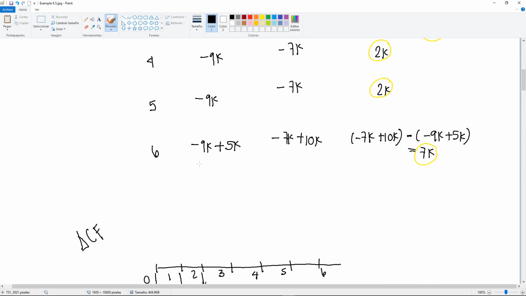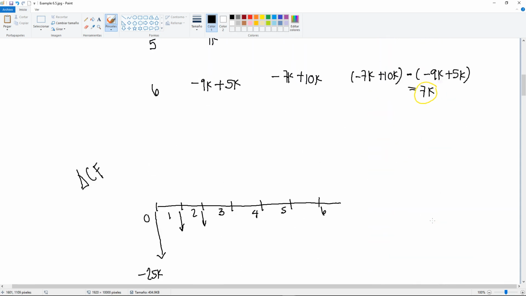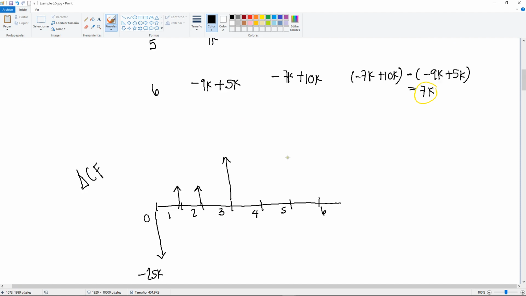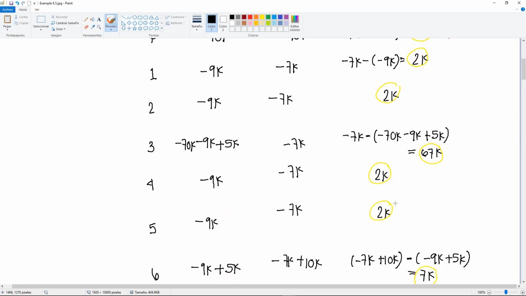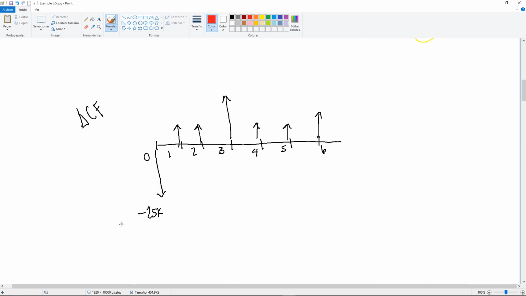Then year 3 we have 67,000. Oops, sorry, the 2000s are supposed to go up. So you have 2000, 2000, and then 67,000. Then we have 2000 and 2000 for years 4 and 5. And then year 6 we have 7,000. Okay, so yes, we said that this one would be your P.